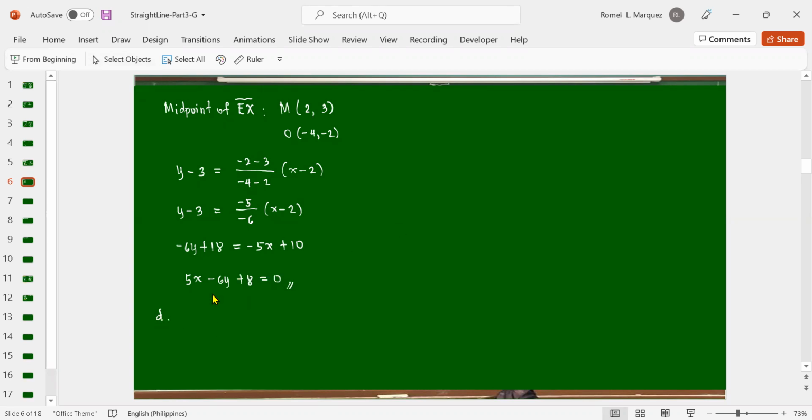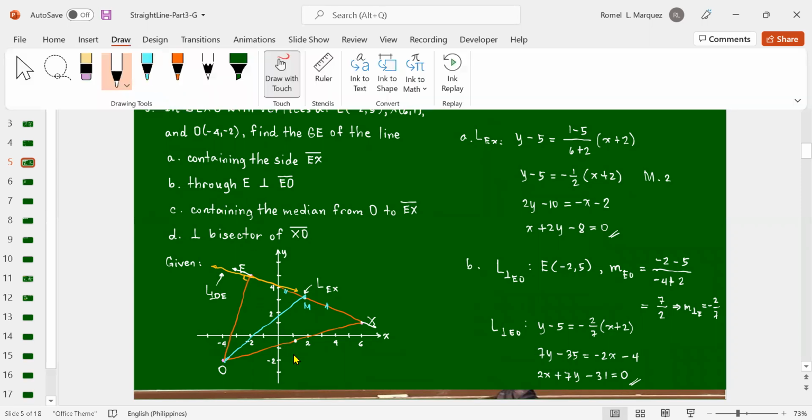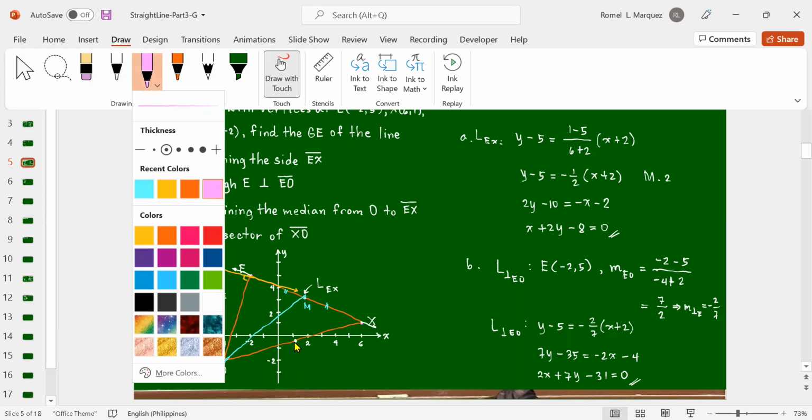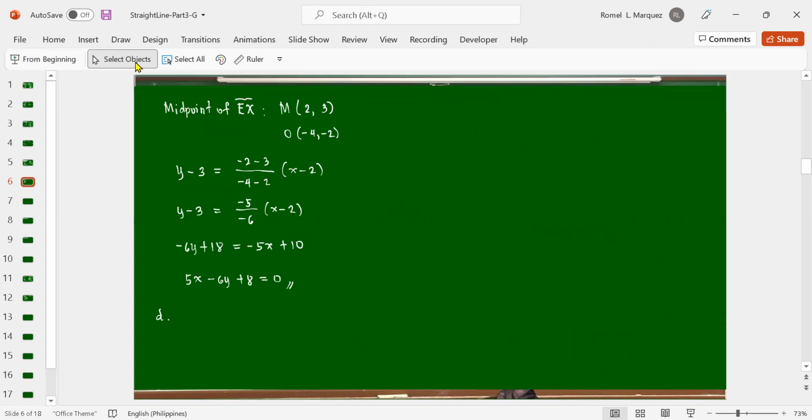What about letter D? The last one, D. The line which is the perpendicular bisector of XO. So meaning passing through the midpoint, making right angles here. Okay? Passing through the midpoint and perpendicular here. That is the perpendicular bisector of XO. So we need to get the midpoint of OX or XO.